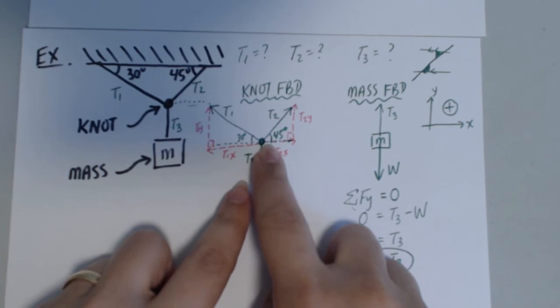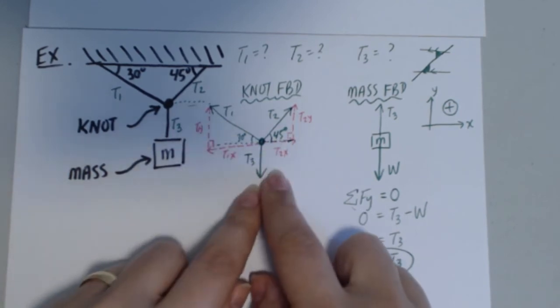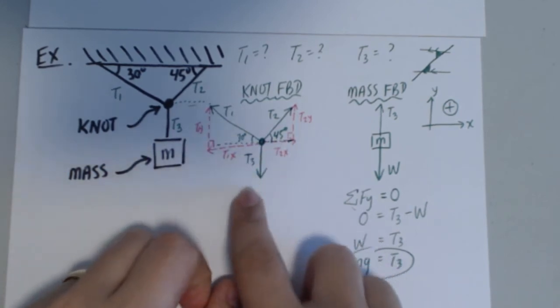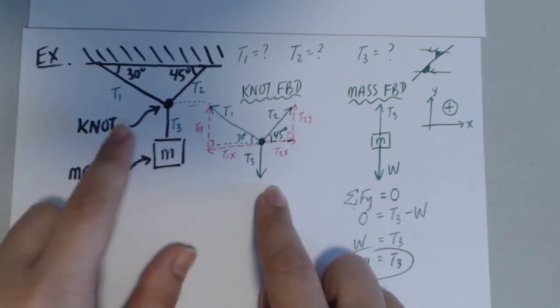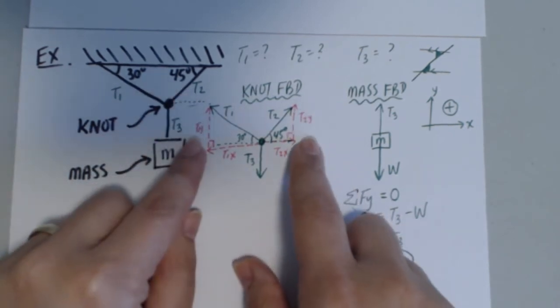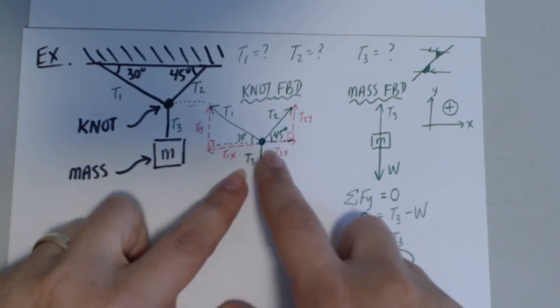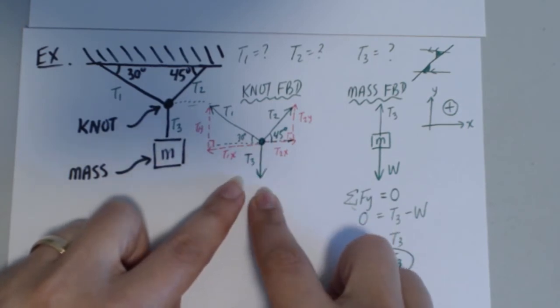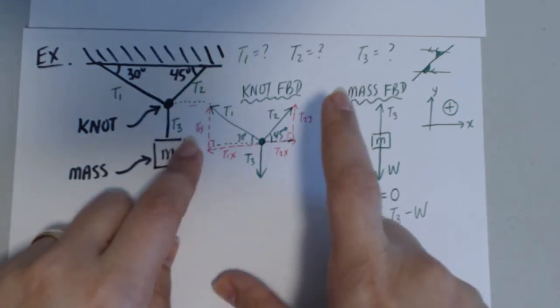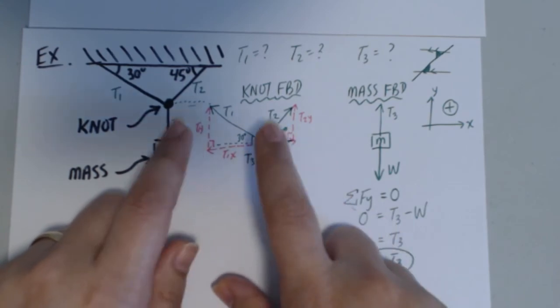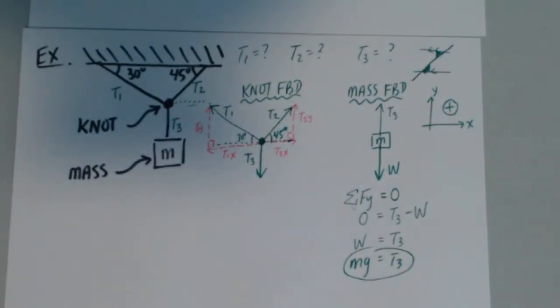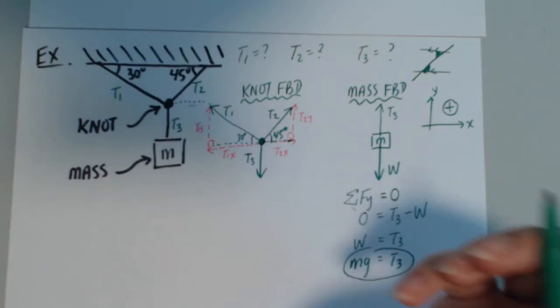And so because the knot is not moving, these also have to be balanced. Imagine this is a tug of war. You have one really strong person down here and two not as strong people up here pulling. The efforts of their pulls has to equal the effort of this one person's pull. So T3 has to equal T1y plus T2y. And that's only because the knot's not moving, right?